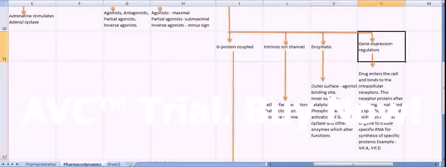Next type of receptors are the gene expression regulators. When you look at the cell, there is an organelle of the cell called nucleus. Nucleus contains genetic material, which are RNA and DNA. DNA has the information in the form of nucleotides.